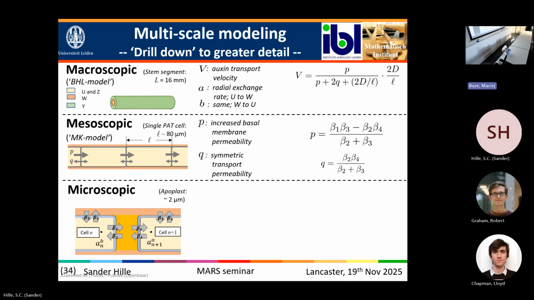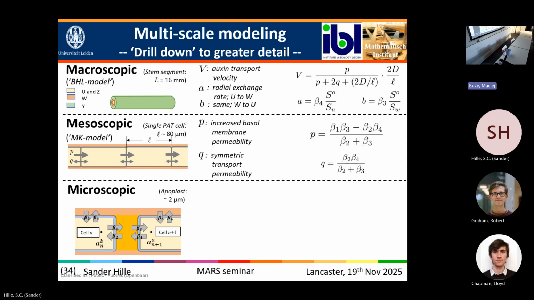Now, in here there are the permeability coefficients of the membrane in various directions, the betas, and by making a submodel, you can express the P and the Q in terms of these betas.